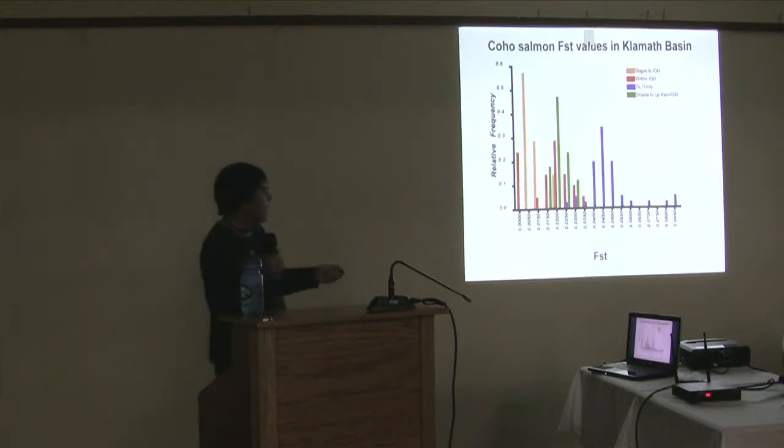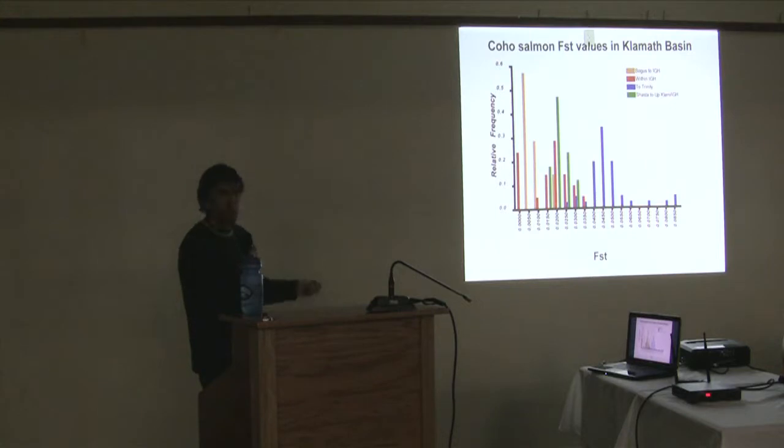And in fact, the FST is probably the most commonly used measure of genetic divergence, genetic differentiation, and one can calculate it for each pair of populations or samples that one has. And it's numerical with 0 or slightly negative indicating no differentiation at all, and higher values indicating more differentiation.